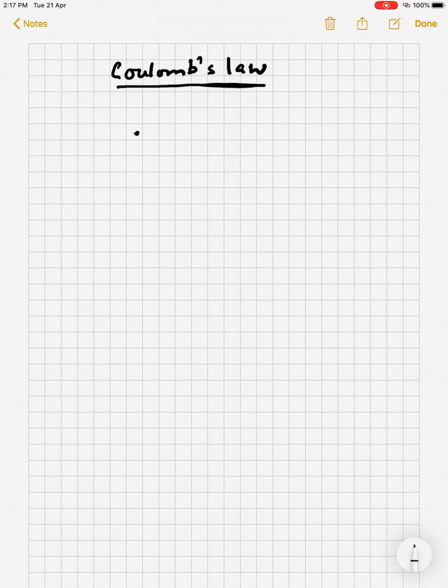Here are two charges, Q1 and Q2, and the distance between these 2 point charges is R.